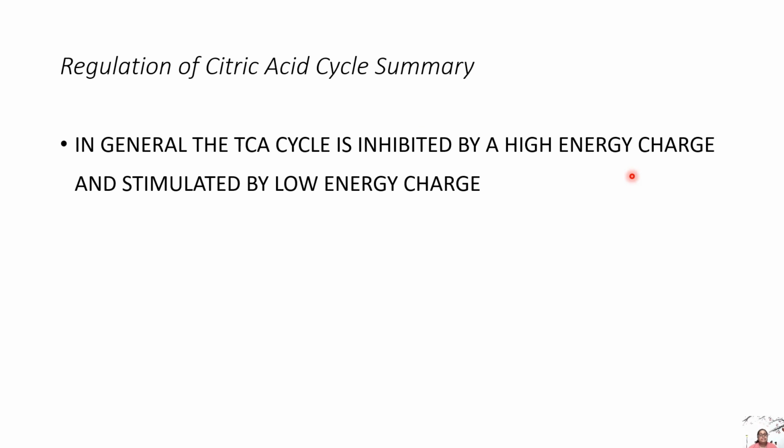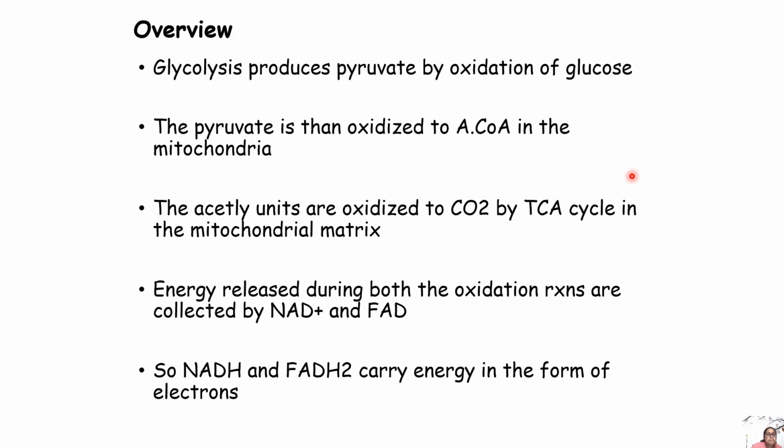So in general, the TCA cycle is inhibited by a high energy charge and stimulated by low energy charge, right? Glycolysis produces pyruvate by oxidation of glucose, and the pyruvate is then oxidized to acetyl-CoA in the mitochondria. Acetyl units are oxidized to carbon dioxide by the TCA cycle in the mitochondrial matrix, and the energy released during both the oxidation reactions is collected by NAD plus and FAD.